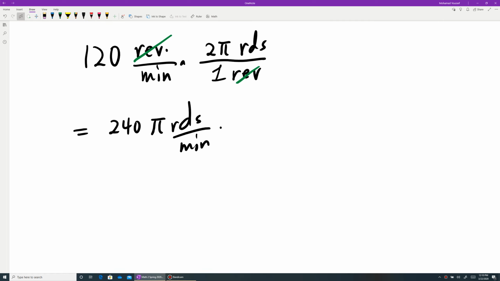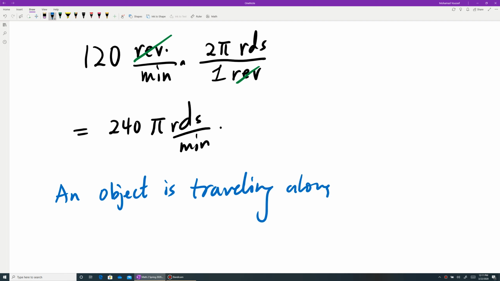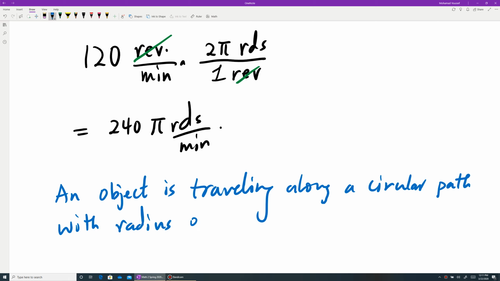And to look at an example of how to find the linear and angular velocity, let's look at this example. An object is traveling along a circular path with radius of 2 meters.